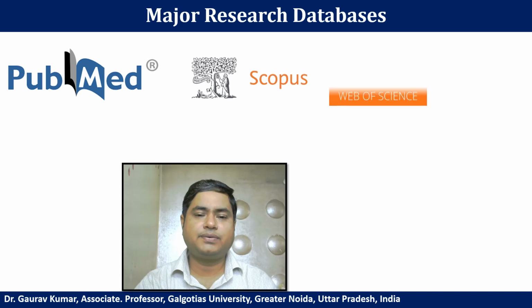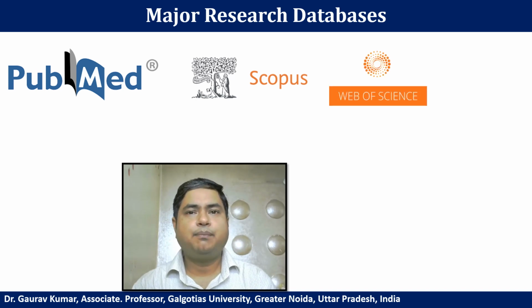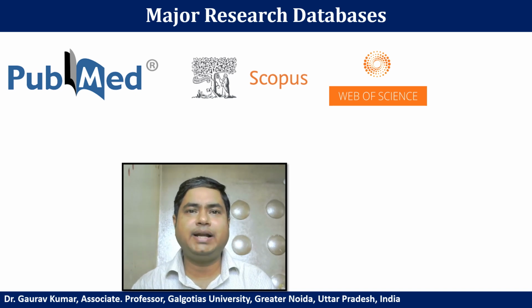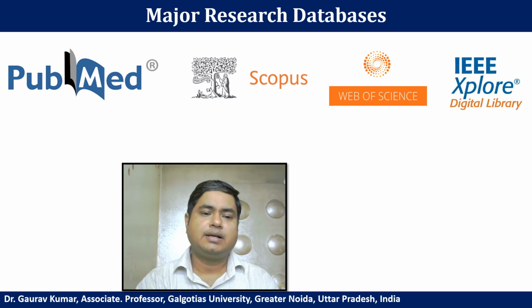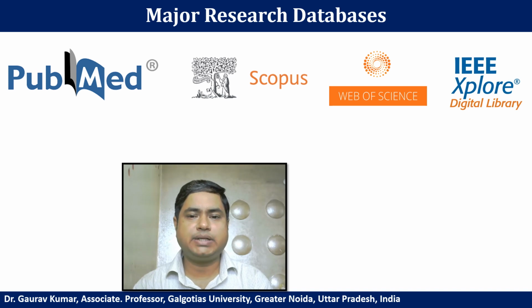The Web of Science. The Web of Science is a multidisciplinary citation database that includes a wide range of scholarly journals and conference proceedings. IEEE Xplore Digital Library. It is focused on electrical engineering, electronics, and computer science.